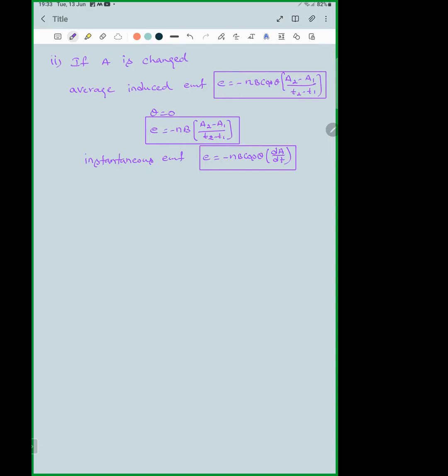See, in the next case, if theta is changed, that means coil is rotated. I will finish with just this one in 5 minutes.